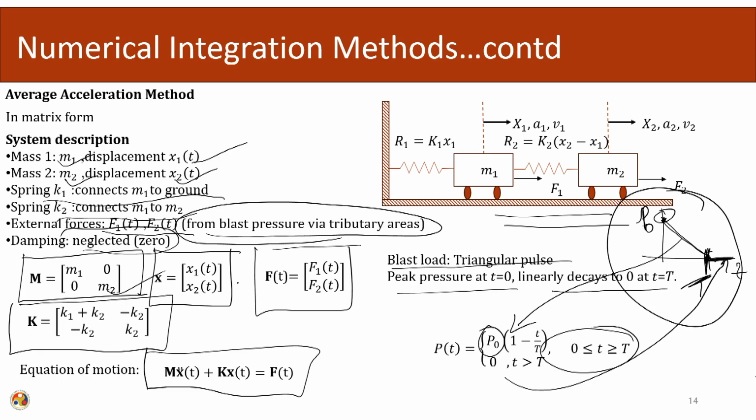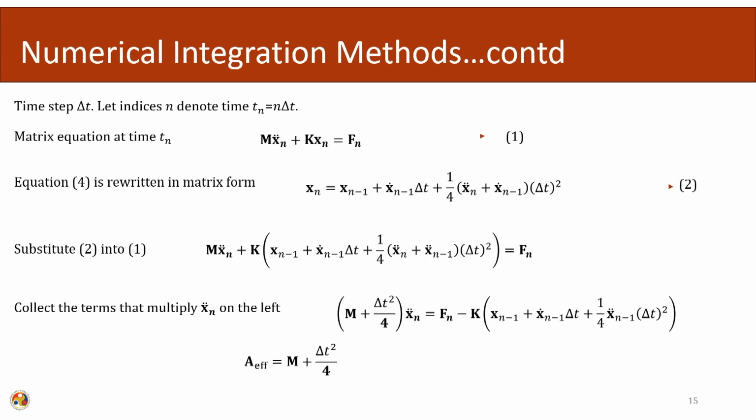These are the system properties, this is the forcing function property, and this is the equation of motion. Now we use the numerical integration in the matrix form. Let us say we are using a time step delta t, and let index n denote time at t n.